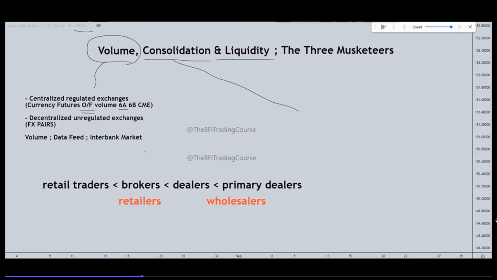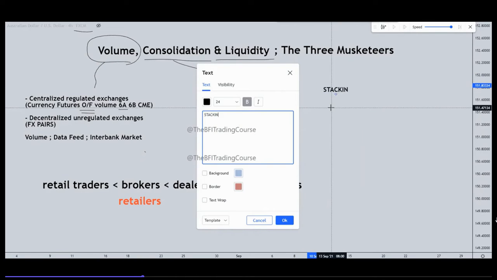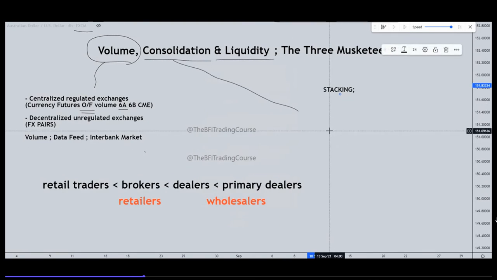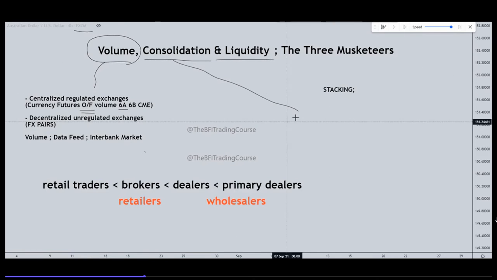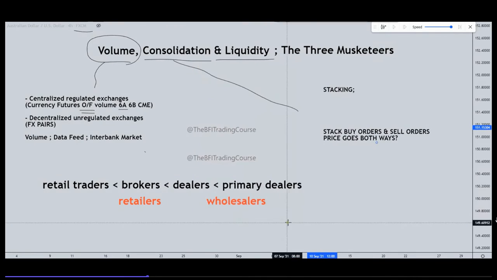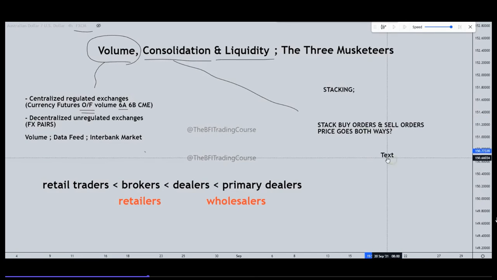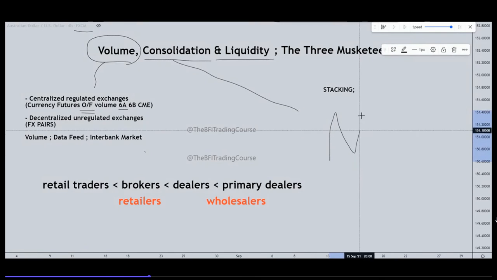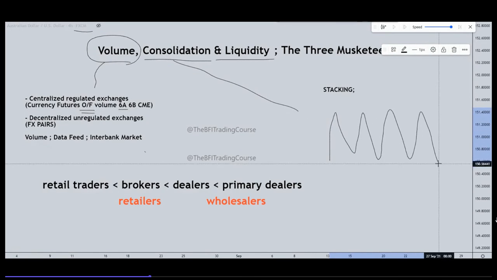Okay, so let's discuss this stacking, which occurs during this consolidation. Do you think they can stack buy orders and sell orders and the price goes both ways? I doubt that will happen. So essentially, even though it is some sideways consolidation, there are orders being stacked.